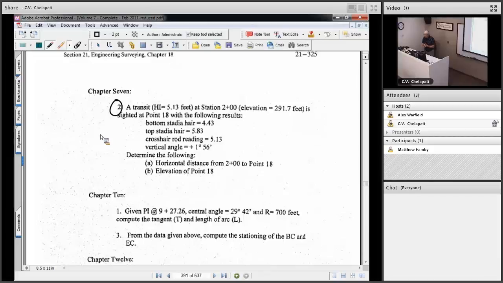The horizontal distance from station 2 to point 18 and the elevation of point 18. Okay, so we're on page 325. We're going over the homework, okay? All right, so the solutions for those are shown in your book, beginning at the bottom of page 331.